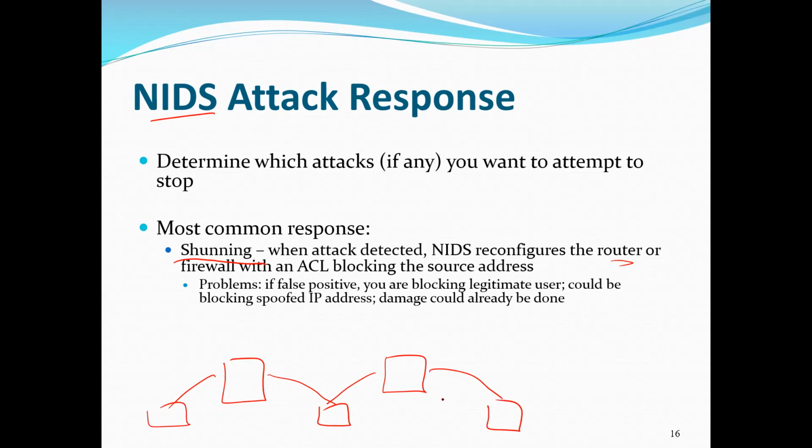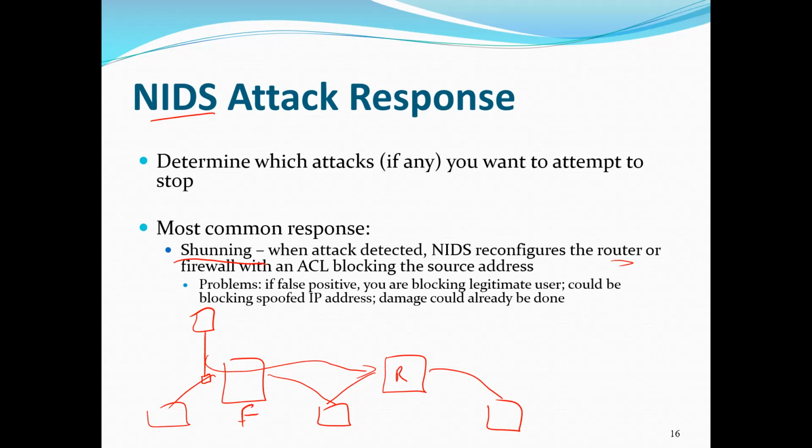Like that, right? And let's say the NIDS is somewhere over here, and the NIDS detects that some packet went through here that triggers an alert. They know the source IP of where that packet originated, so immediately they communicate with the router, or the firewall maybe over here, and they just issue an order to add an ACL, an access control list, a rule that basically says, okay, whenever you see this packet with a source IP of this so-and-so, drop it.